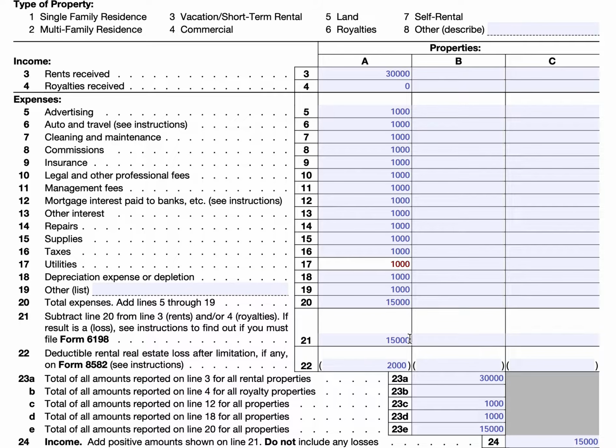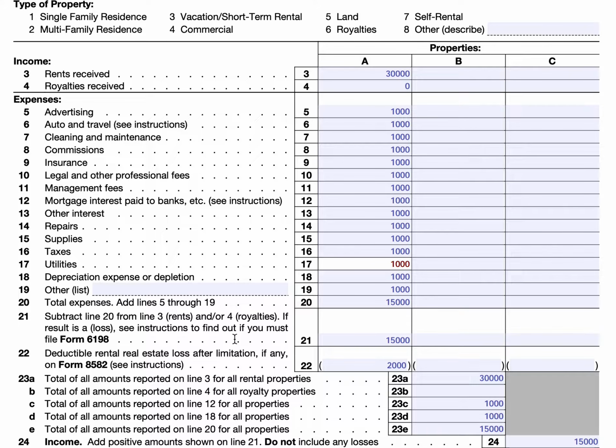If you have a loss, then you would need to follow the form instructions. If you have any at-risk loss limitations, you would use IRS Form 6198, enter the deductible amount of your loss here, and then attach your completed form with your tax return.